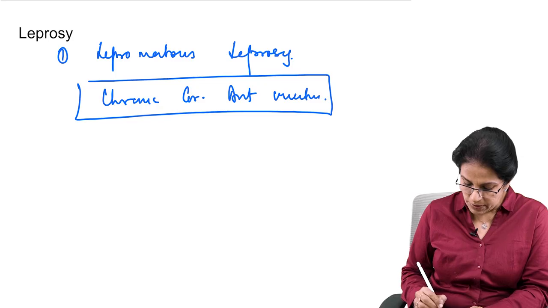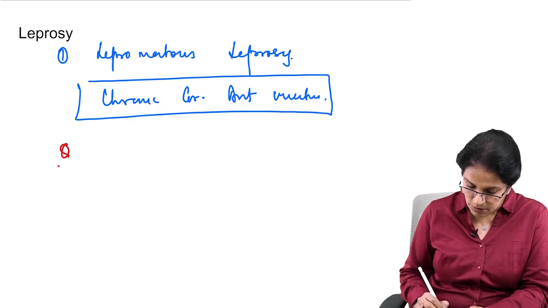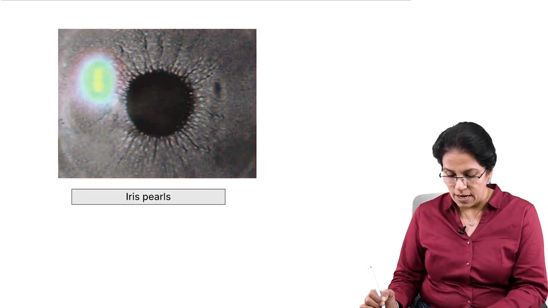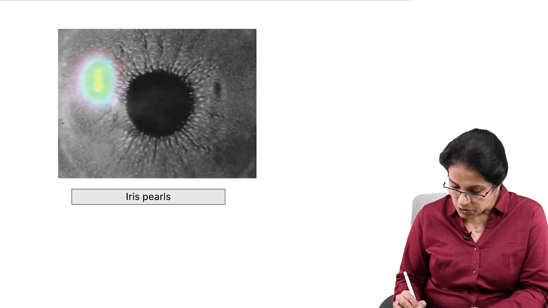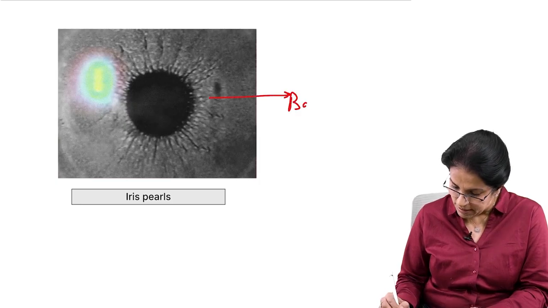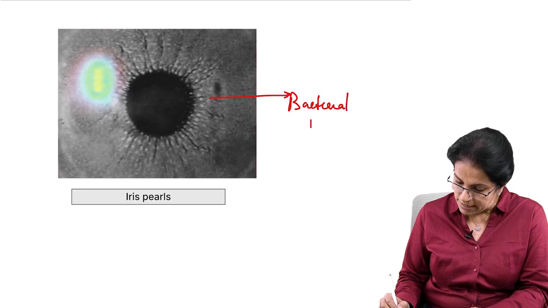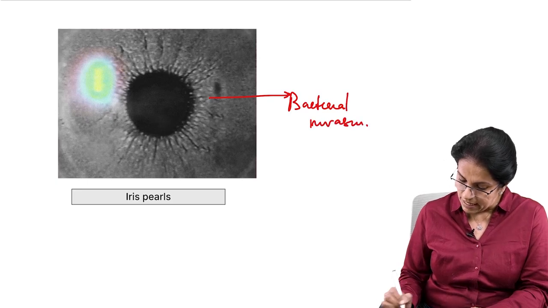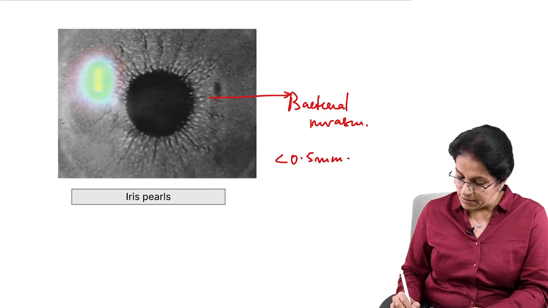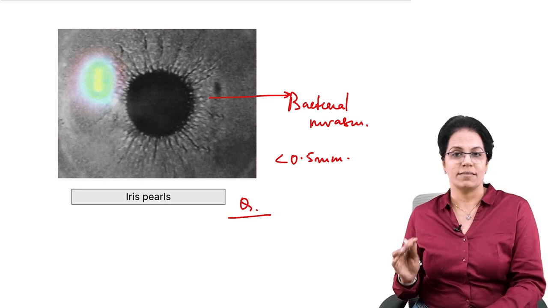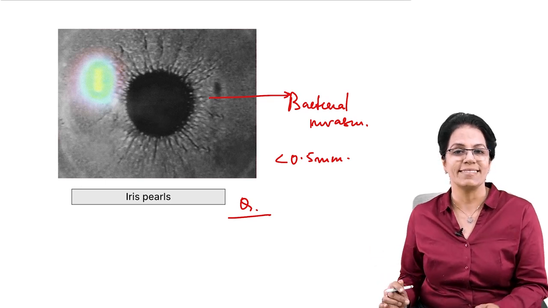And here what we are going to learn is iris pearls. What are iris pearls? So have a look. These are what are called iris pearls. They are actually bacterial invasions, composed of bacteria only, and the size is less than 0.5 mm. So iris pearls are a feature of leprosy. This is one thing you have to know, right?